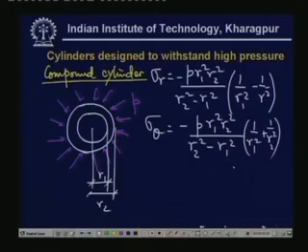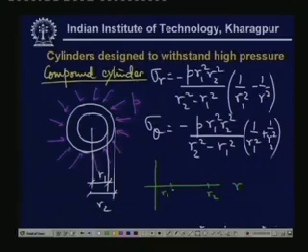So, what is the nature of the stress distribution across R1 to R2? It looks something like this. This is R from R1 to R2, and we see sigma R is always negative and sigma theta is always negative.